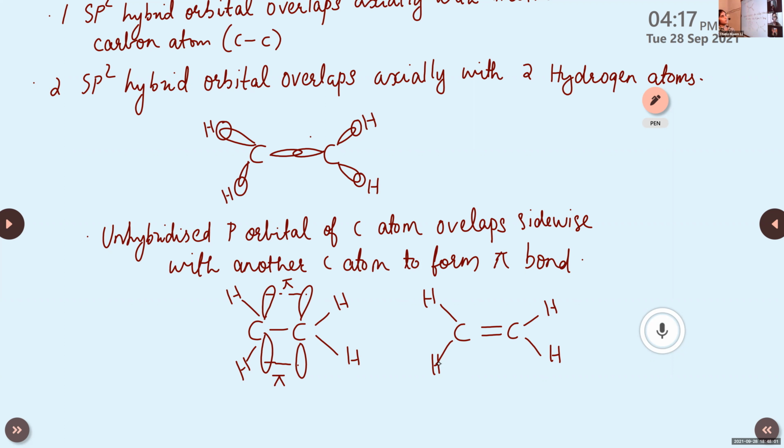So in all double bonds, the hybridization is sp2 hybridization. Okay, sp2 hybridization.